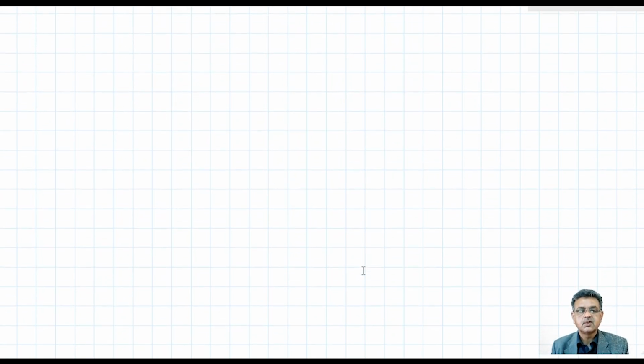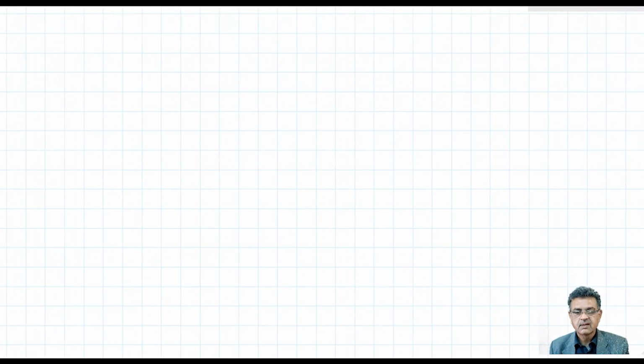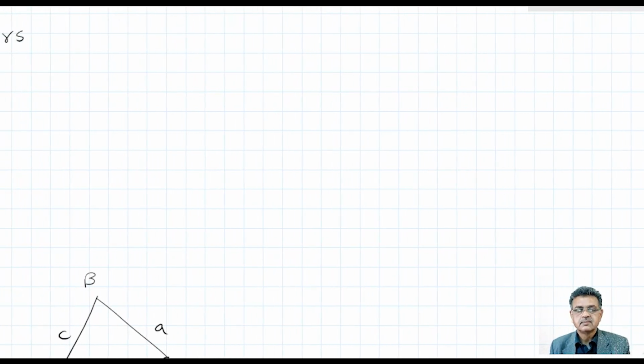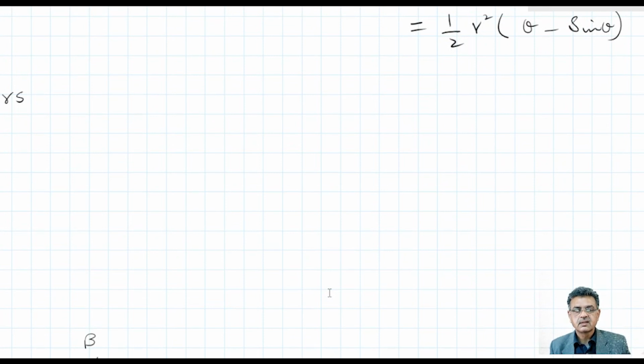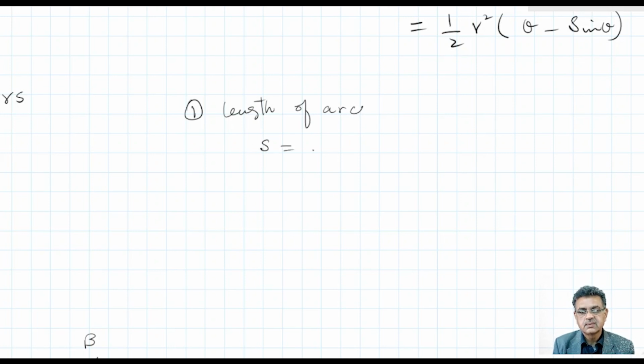So these are three formulas. I rewrite them once again. Number one, what we have concluded now, length of arc. Its formula is S is equal to r theta. Number two, that is area of sector.